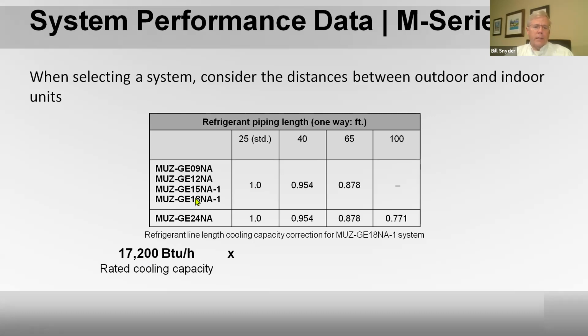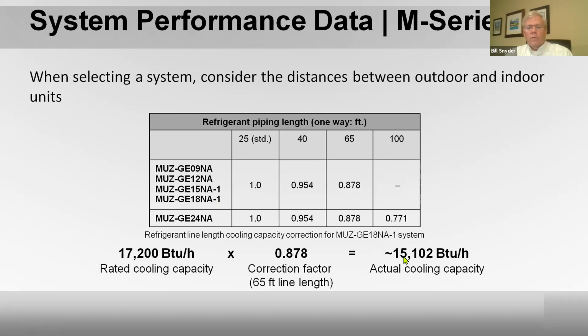If you needed 18, you'd be short already. If you installed that with 65 feet of line set and you take that BTU times the correction factor of 0.878, you end up with 15,102 BTUs. If you needed 17 or 18,000 BTUs on this system, you will come up short on the hottest day of the year.